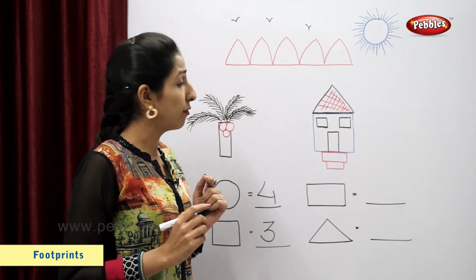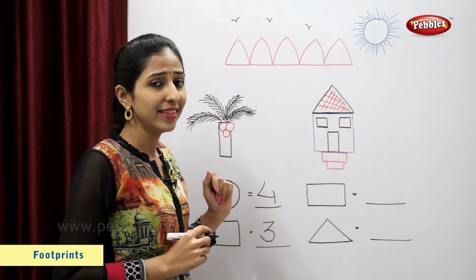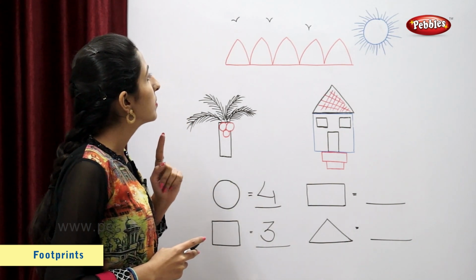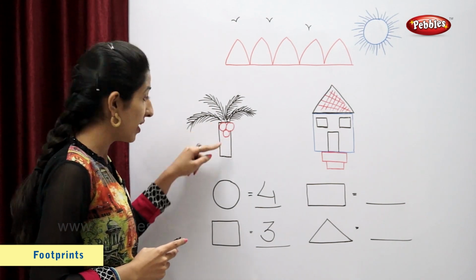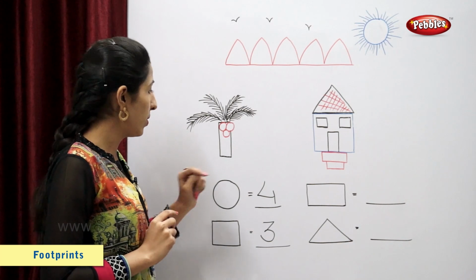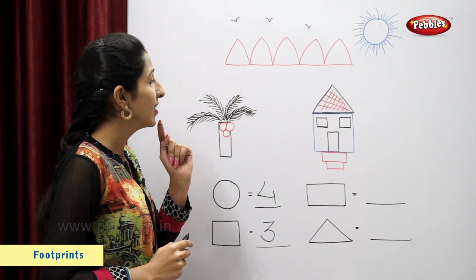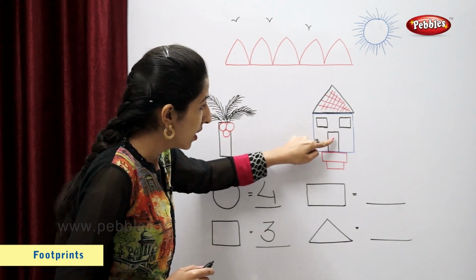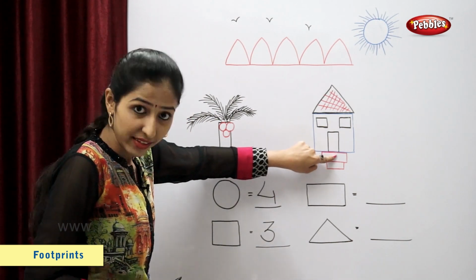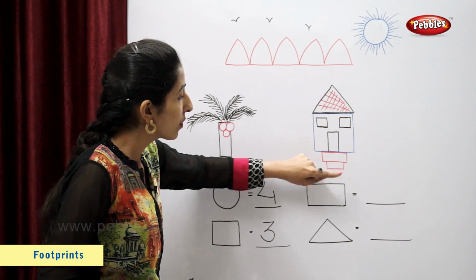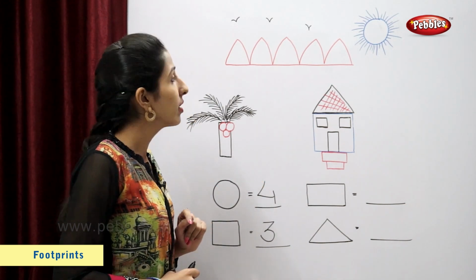Now, let's look for rectangles. This is a rectangle. So, 1, 2, 3, 4.